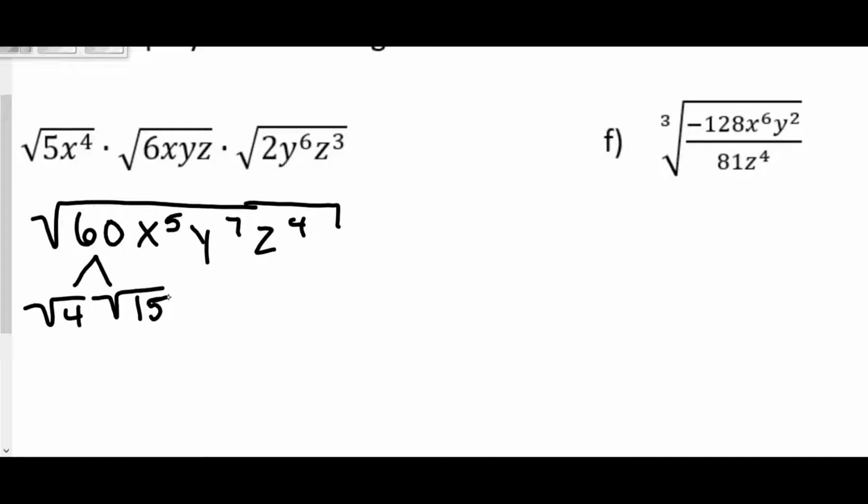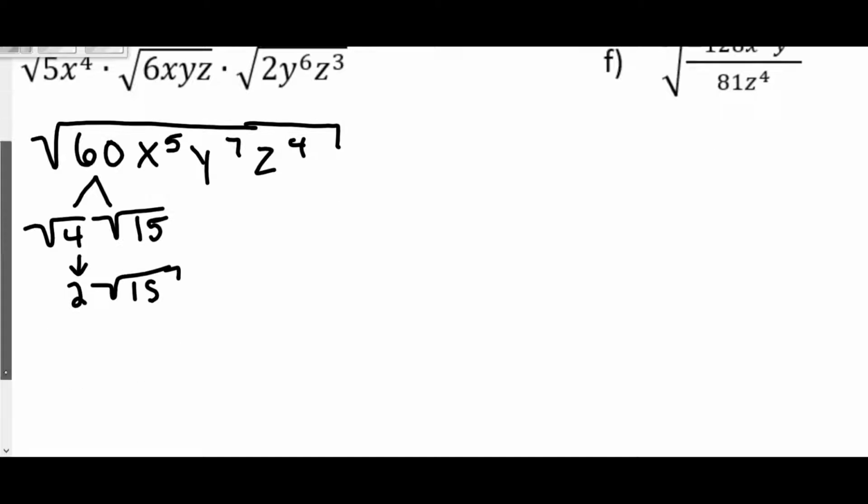We know 4 is the biggest perfect square that can fit into 60 because when we divide 60 by 4, we get 15, and that can't be broken up any further by perfect squares. So the square root of 4 is 2. The square root of 15 is just 15, so that stays the same. I'm going to rewrite this now with my new simplified number. So 2 rad 15, x to the 5th, y to the 7th, z to the 4th.